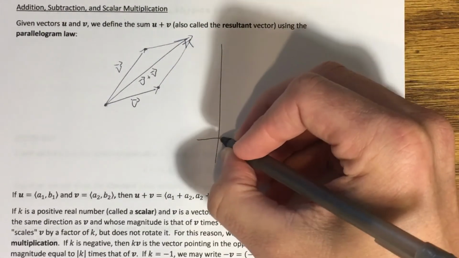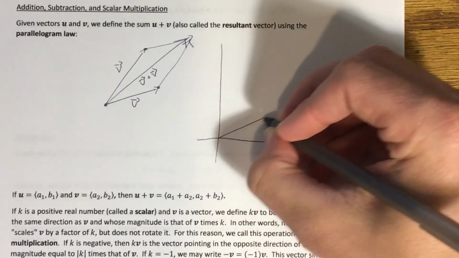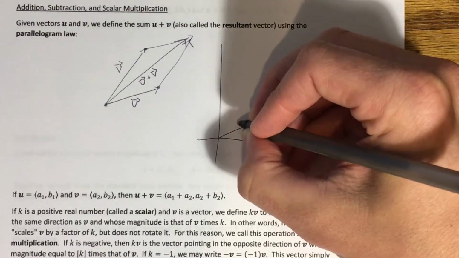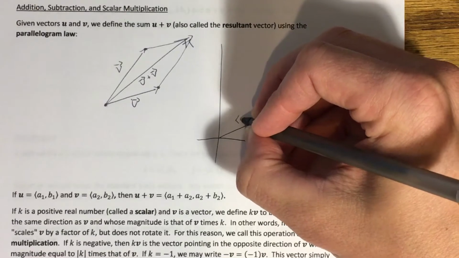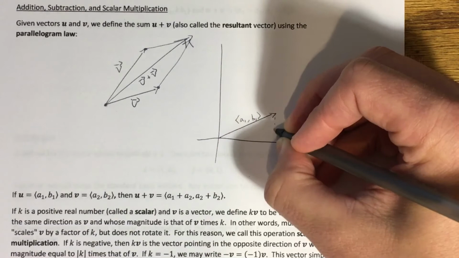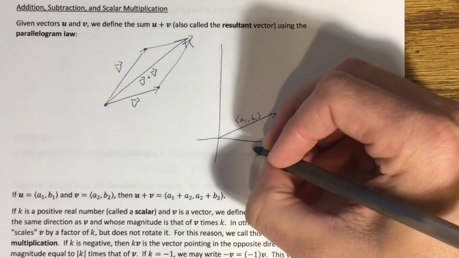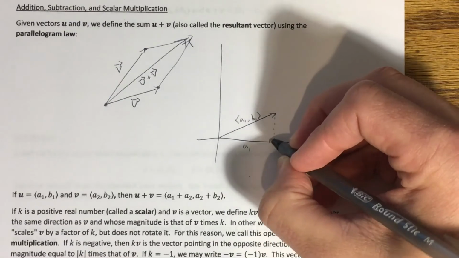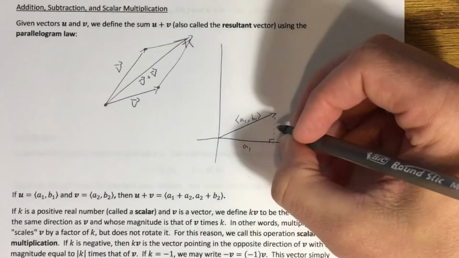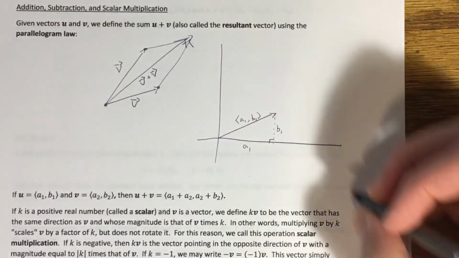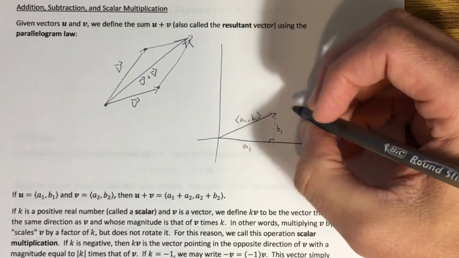Let's suppose that this is my vector u, but I'm going to give it components. So I'm going to call it a1, b1. That would mean that the base of this right triangle that I'm creating here is a1, and the height is b1. Okay, now I want to add another vector to it.